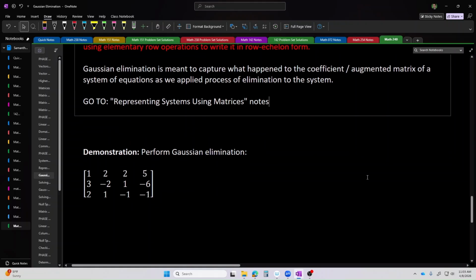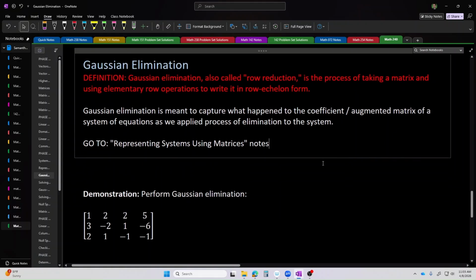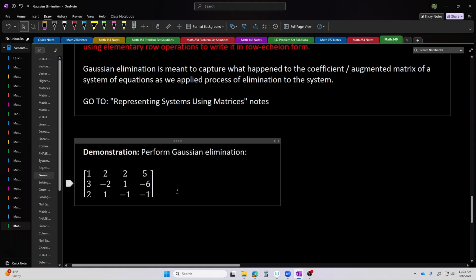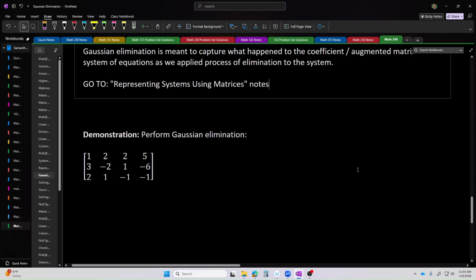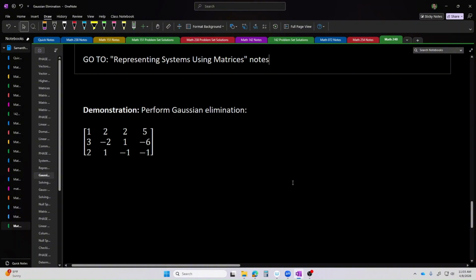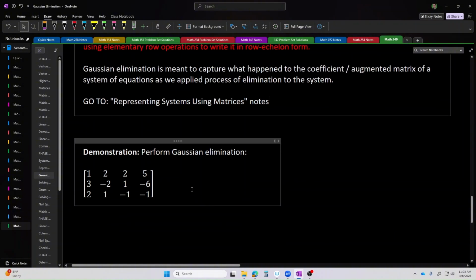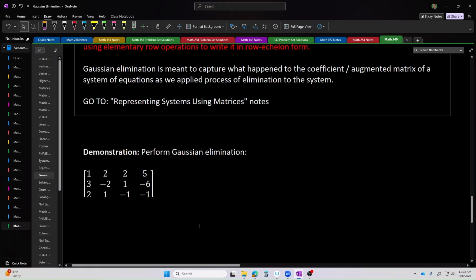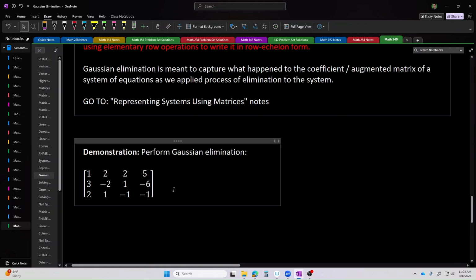So using some combination of swapping rows around, scaling rows, and adding one row into another row, get this matrix into row echelon form. Put yet another way, pretend that this is the augmented matrix corresponding to some system of equations, and solve that system of equations using method of elimination.